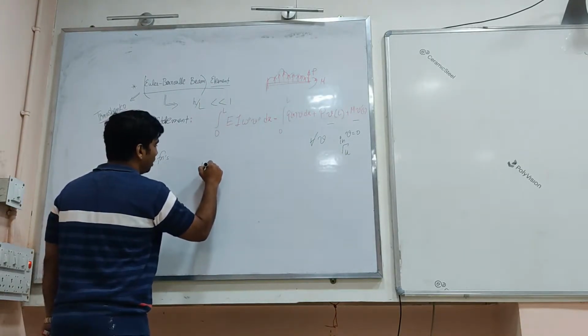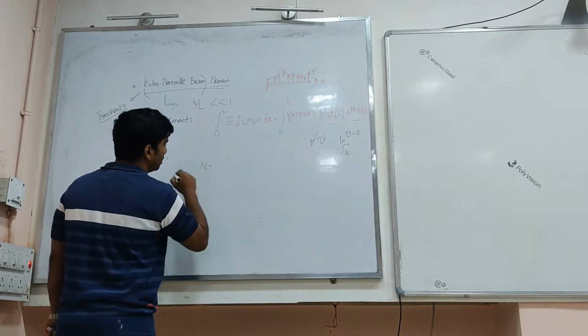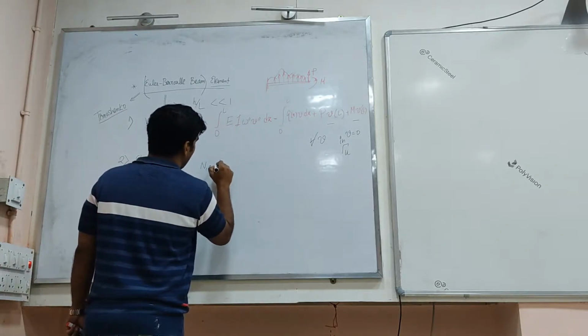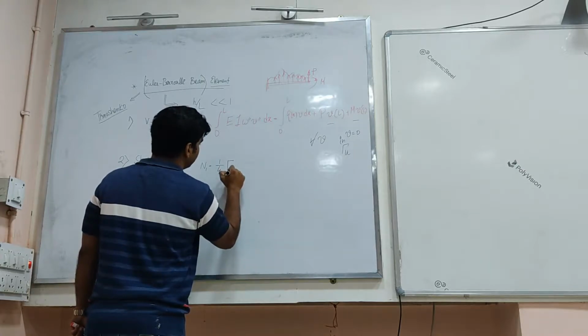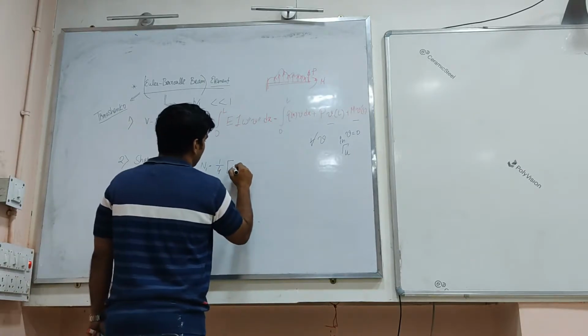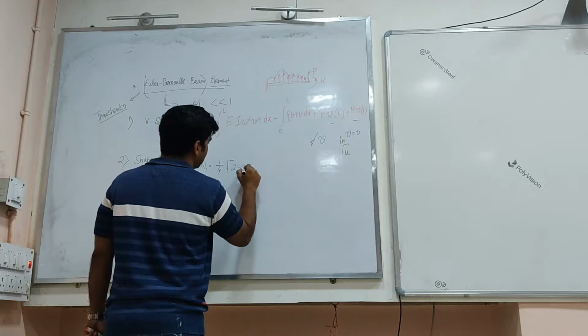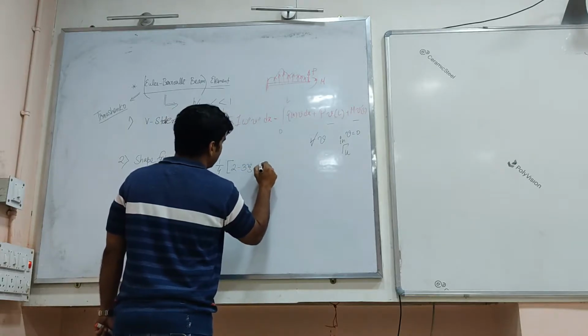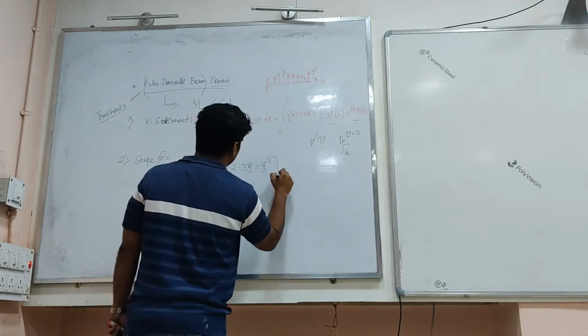I believe the first shape function N1 is 1 by 4 times 2 minus 3 xi plus xi cube.